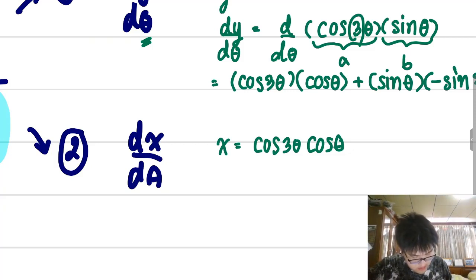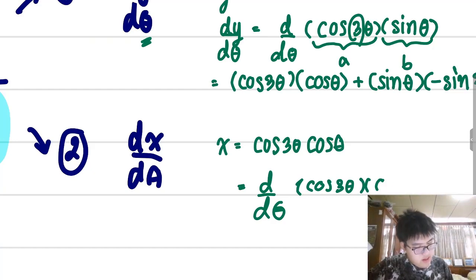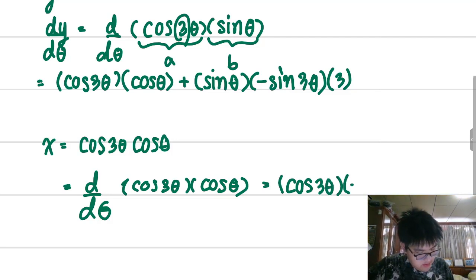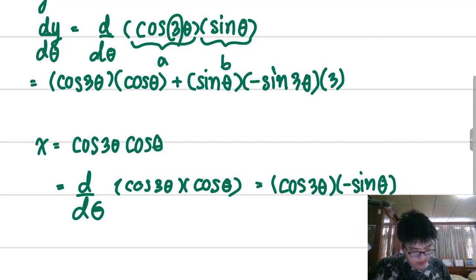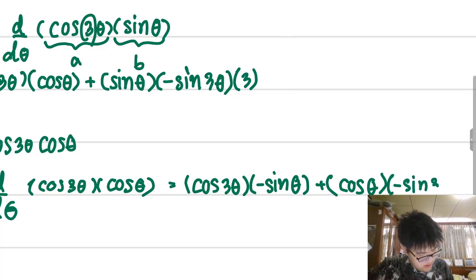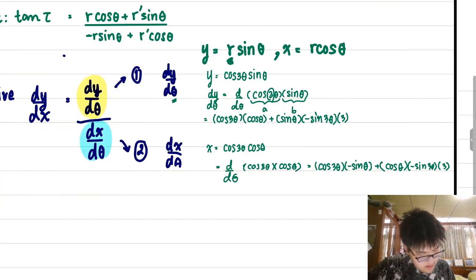Using the product rule, the derivative of cosine is negative sine theta, plus cosine theta times the derivative of cosine 3 theta, which is negative sine 3 theta, then the derivative inside is 3. You can see that.